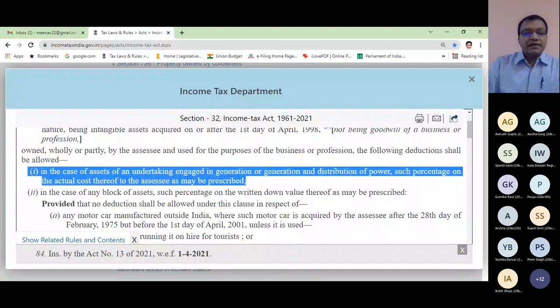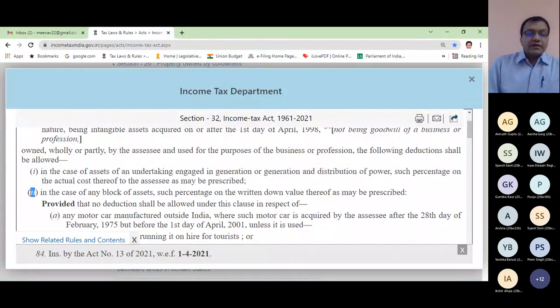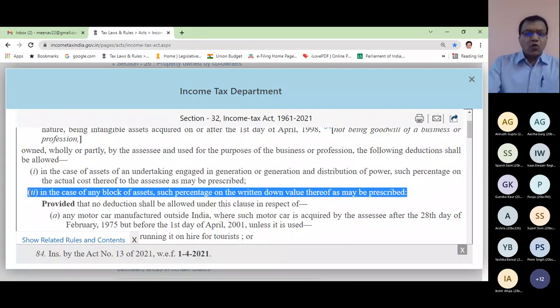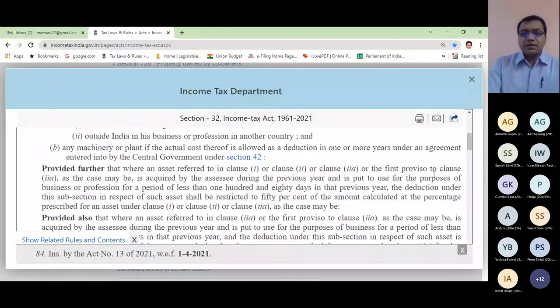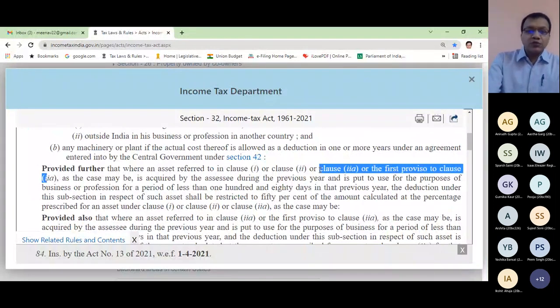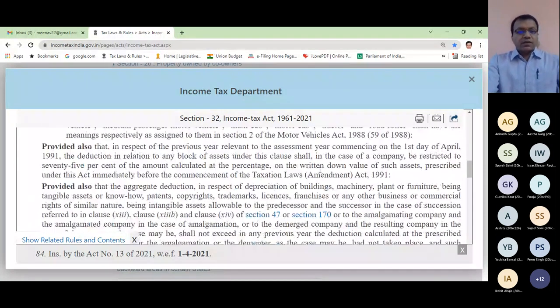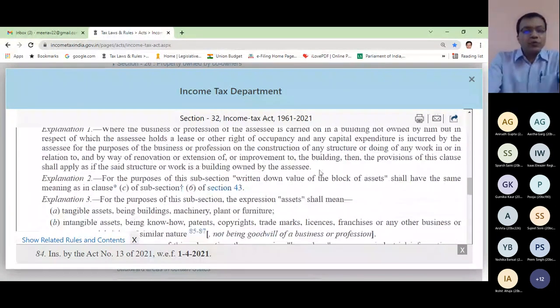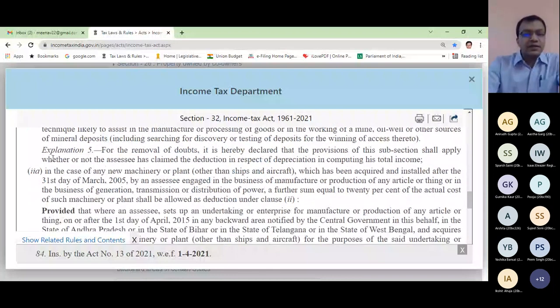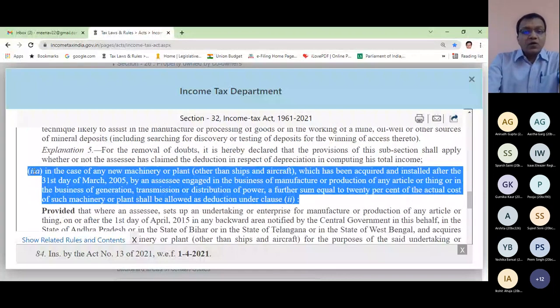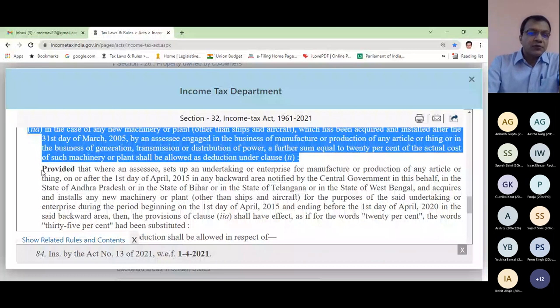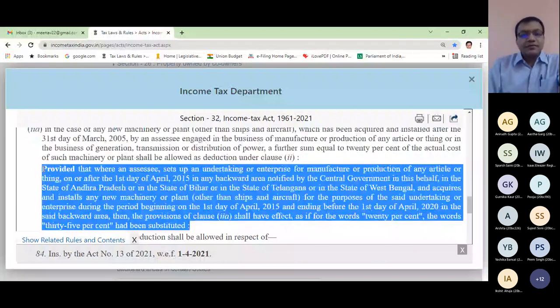This asset referred to in clause 1 or this asset referred to in clause 2 or what the act says, clause 2A or the first proviso to clause 2A. So it must be written somewhere below.